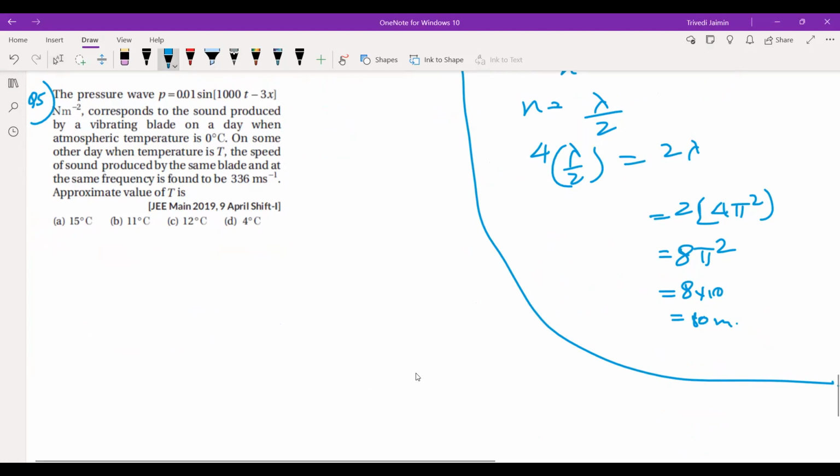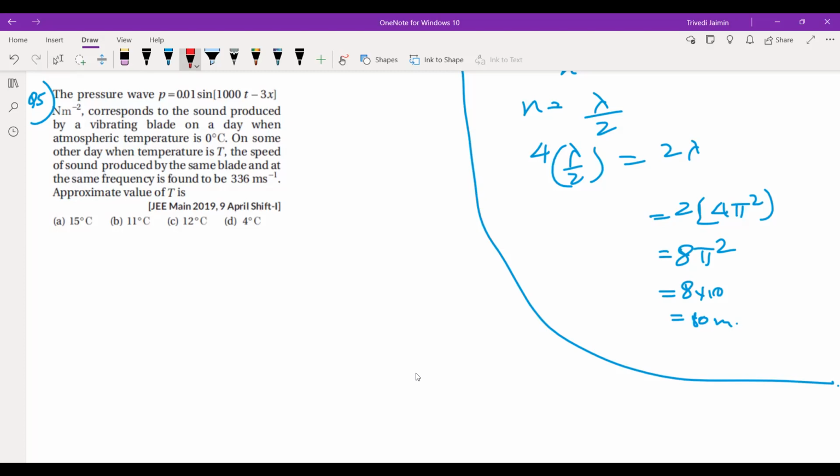The pressure wave P equals to 0.01 sine 1000 t plus 3x Newton per meter square corresponds to the sound produced by vibrating blade on a day when atmospheric temperature is 0 degree.